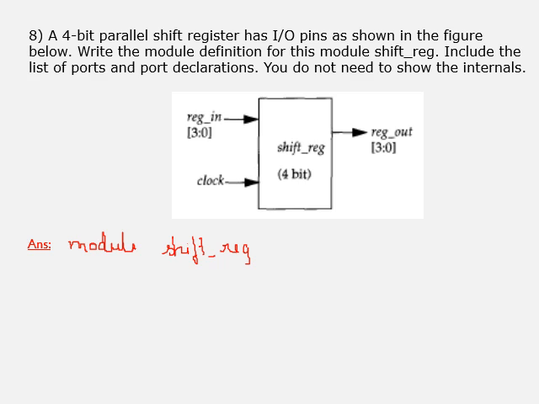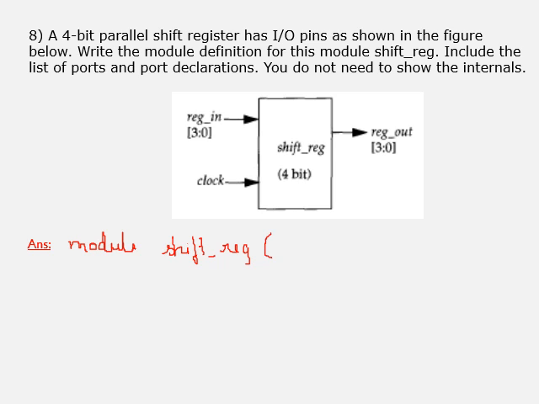Always make it a point to write the actual module name inside the block diagram so that there won't be any confusion. And also the terminals should be named exactly what you're going to name them in the program.